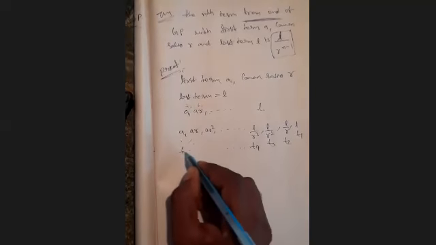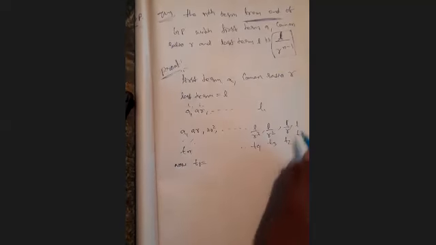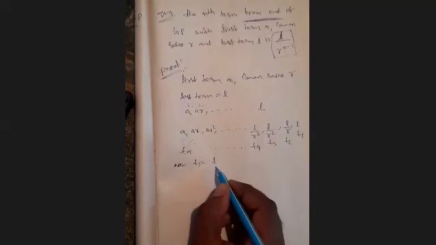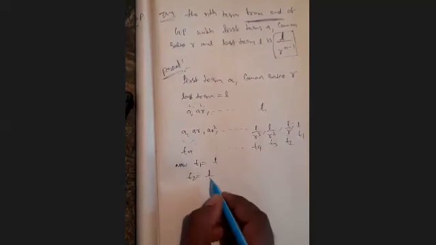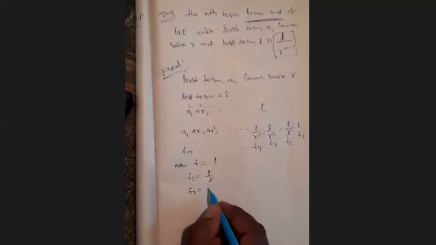The last term Tn is what we have to prove. I think you are clear now. What is T1? T1 is equal to L. What is T2? L by R. What is T3? L by R square.